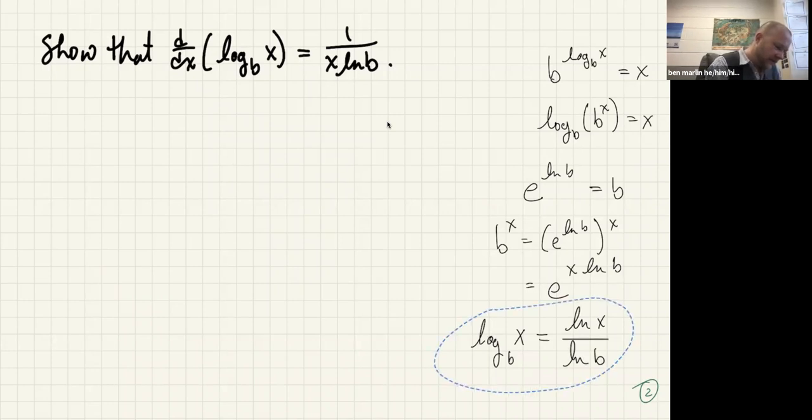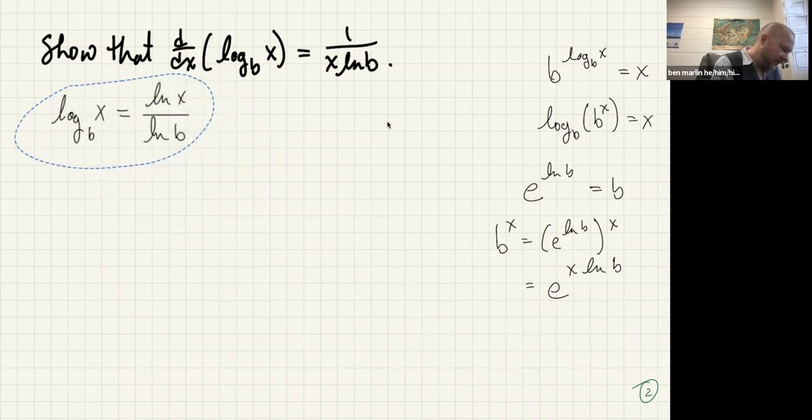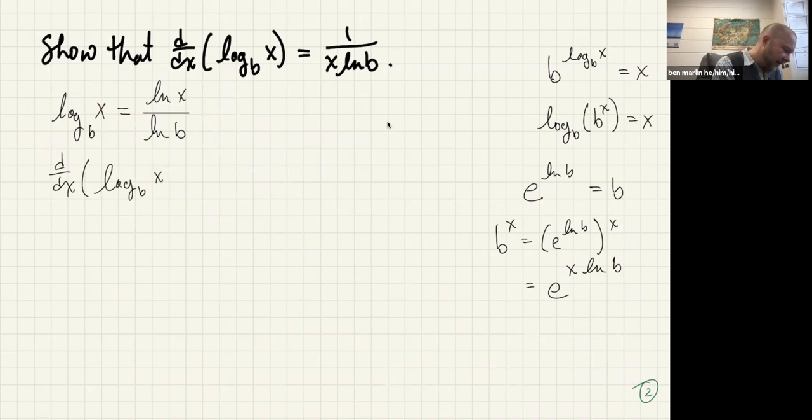So if you know that, then when we transfer that up here, you can take the derivative with respect to x of the log base b of x, and that means to just take the derivative with respect to x of ln x over ln b, but the ln b is just a constant, so we're allowed to factor it out.